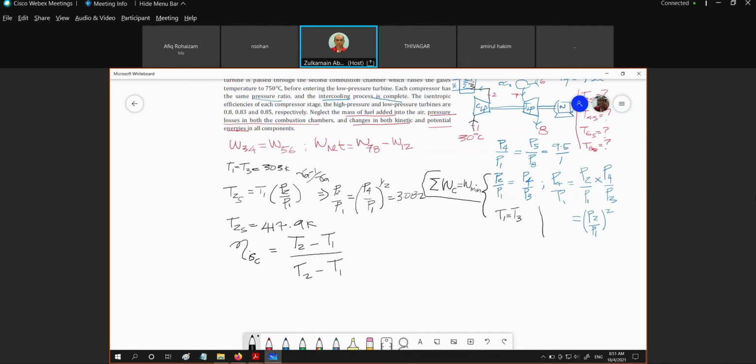The shorter line should be T2S, and the longer line is T2. If you refer to the TS diagram, the shorter line is T2S minus T1, and the longer line is T2 minus T1. So from here, you will get your T2.